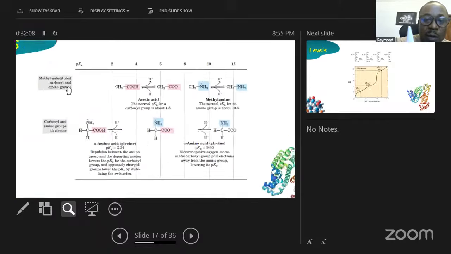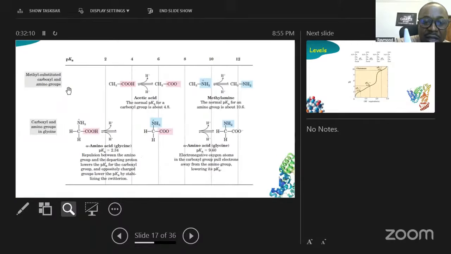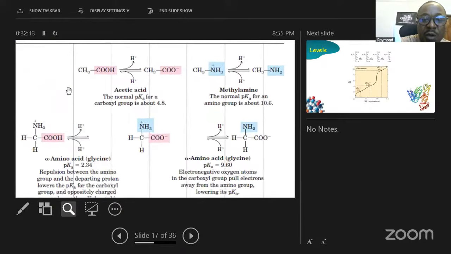Like what we are seeing here, we are trying to compare the pKa of acetic acid, which is an organic acid, and an amino acid. I said the pKa for the carboxylic group in acetic acid is 4.8.